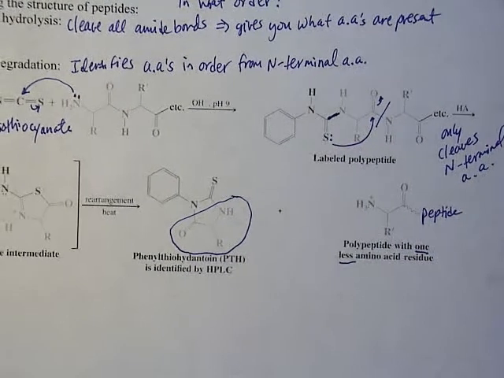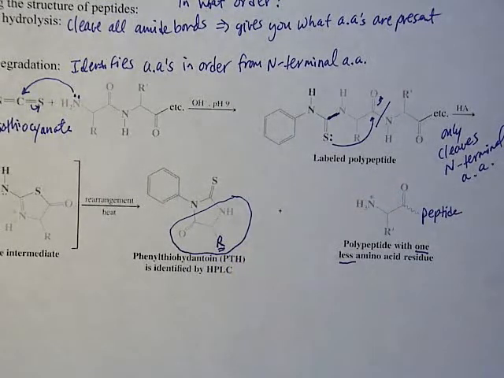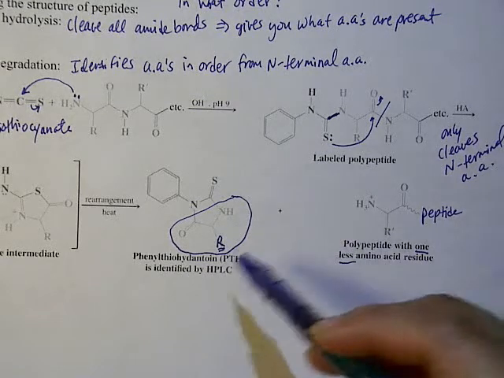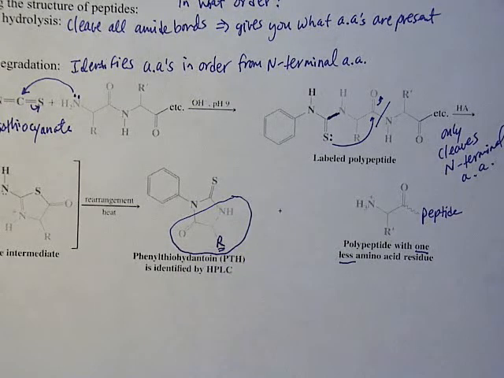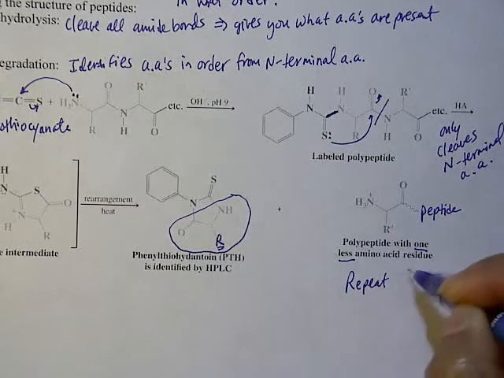Okay, so because the R group is going to be different for every amino acid, this is how the identity of the amino acid is determined, by looking at what the R group is. So you repeat the process.